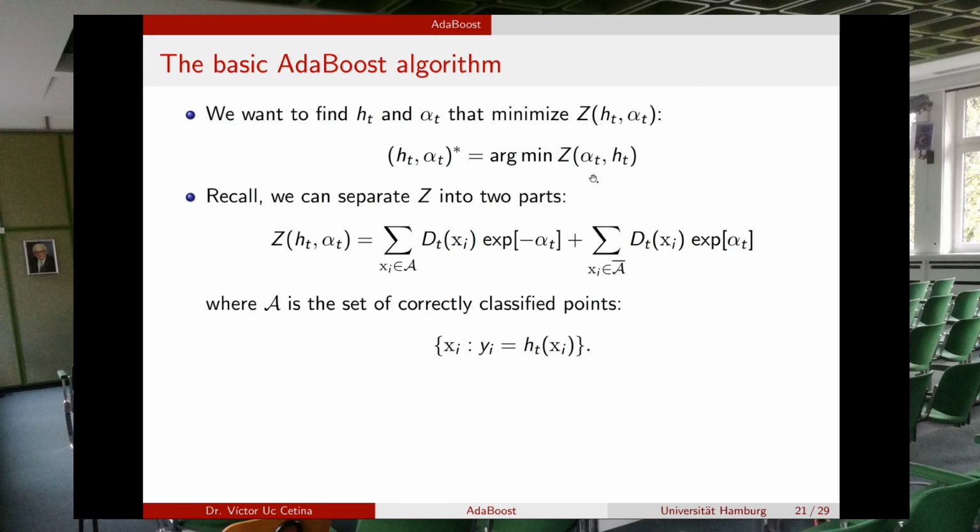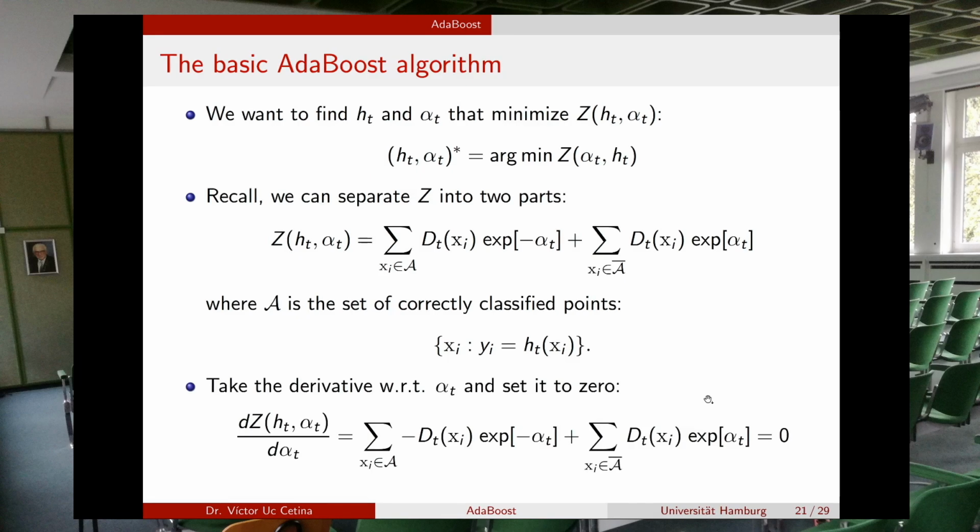So what we can do is take our function, compute the derivatives of this function, and make that equal to 0. Okay, so the derivative of the Z function is this one.